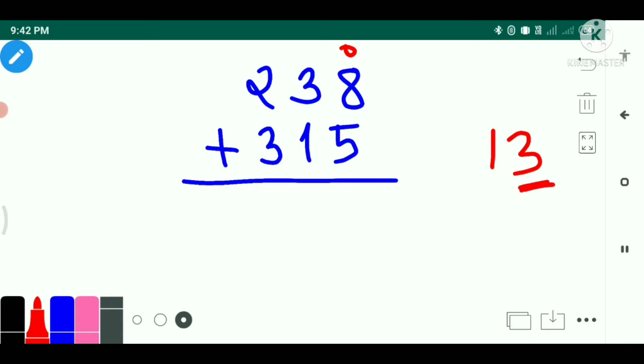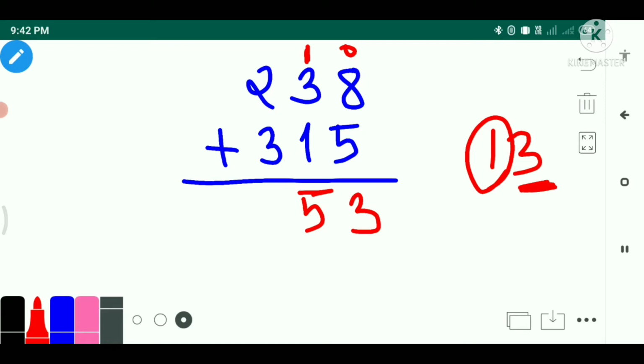We have to put this 3, the last digit, here, and we need to shift this digit to the tens place value. So now 1 is here. Now we'll add this number. So 1 plus 3, it will be how much? 4. 4 plus 1, 5, right?